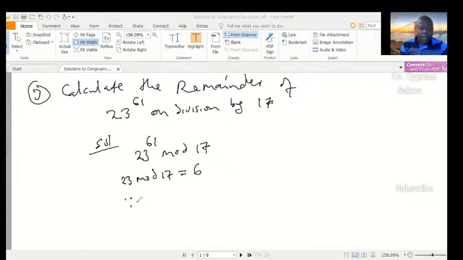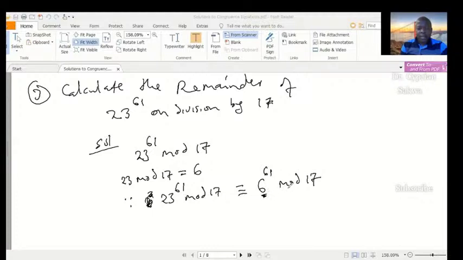So that means that if I were to take 23 raised to 61 and divide by 17, the remainder would be the same as if I took 6 raised to 61 and divided by 17. Since the remainder is the same, let me work with the smaller one. The 6 is smaller here, so that I simplify my work.